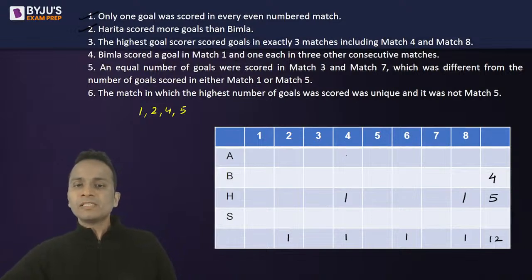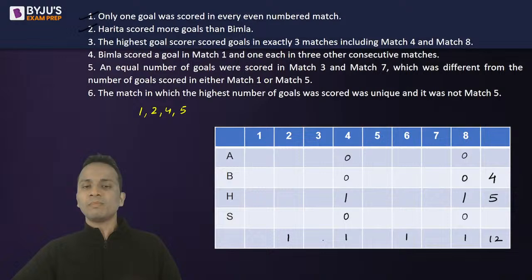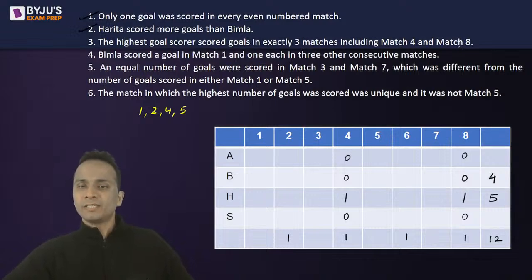That means the other 3 people will score 0 each in match number 4 and match number 8, because the total number of goals in match number 4 and match number 8 was only 1, right? Now the highest goal scorer scored goals in exactly 3 matches, including match number 4 and match number 8.